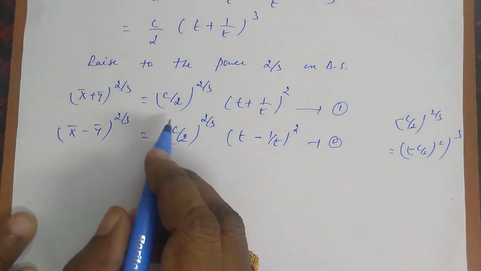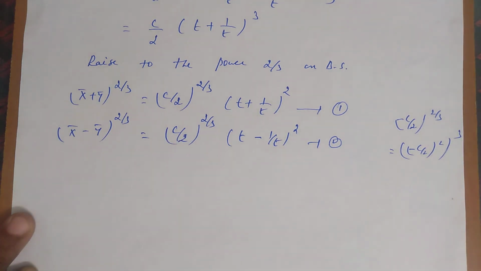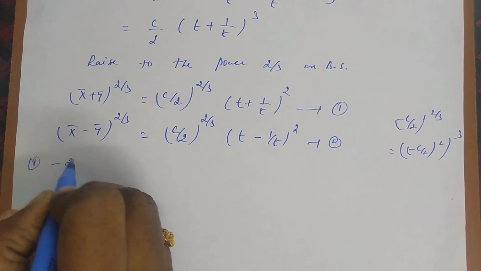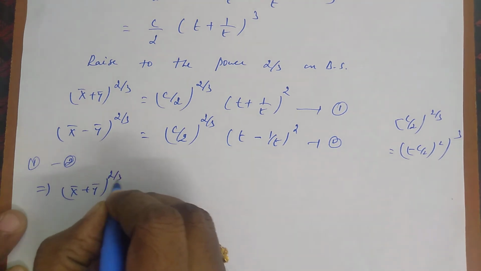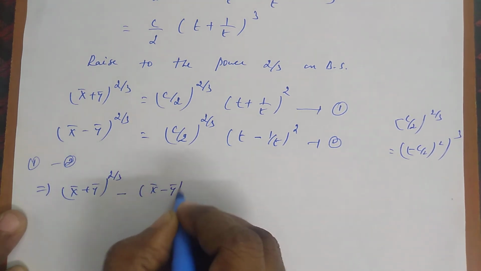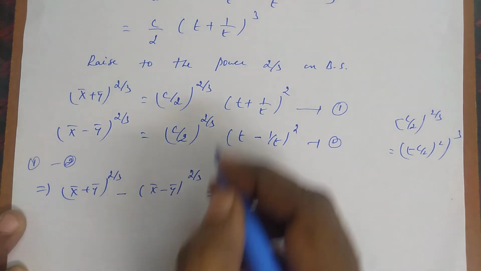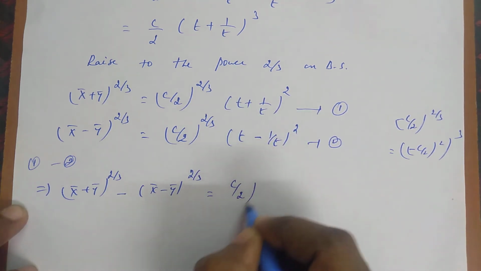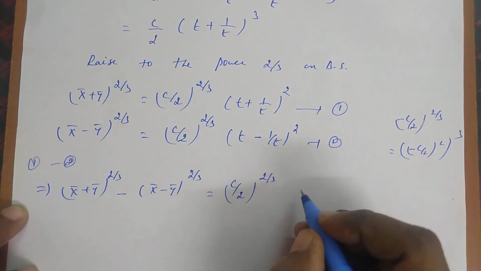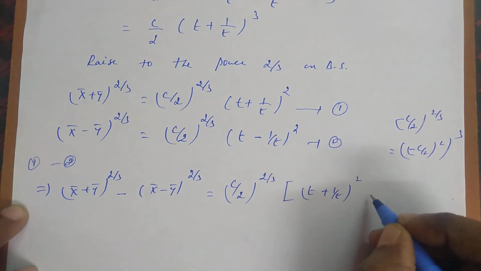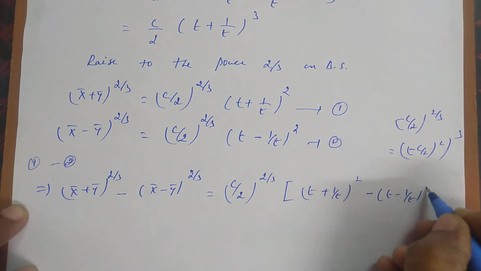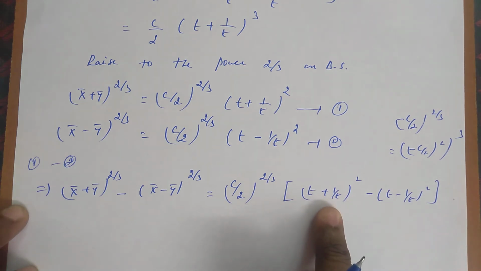Now what we are going to do is 1 minus 2, because in the question we have to find x bar plus y bar minus x bar minus y bar. So 1 minus 2 implies x bar plus y bar whole power 2 by 3 minus x bar minus y bar power 2 by 3 equals, in both the terms we have c by 2 power 2 by 3. We can write it commonly outside and write the remaining. Here it is t plus 1 by t the whole square minus t minus 1 by t the whole square. We have to expand this as a plus b the whole square.